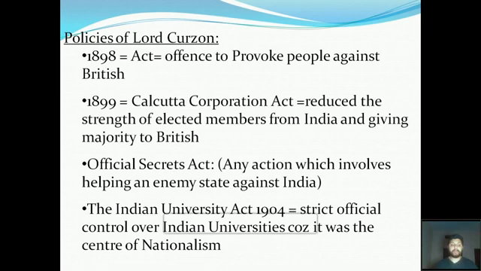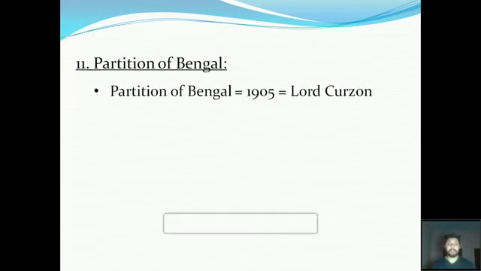So it is about the 10th point which led to the rise of assertive nationalism in the country. Now the last point, the 11th point, is the partition of Bengal.